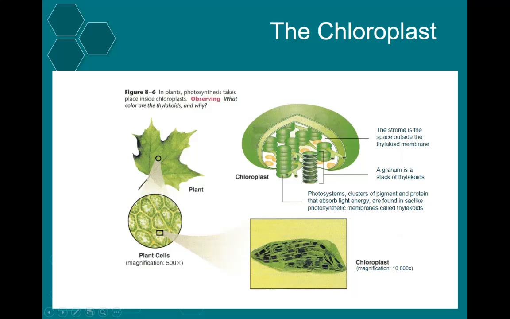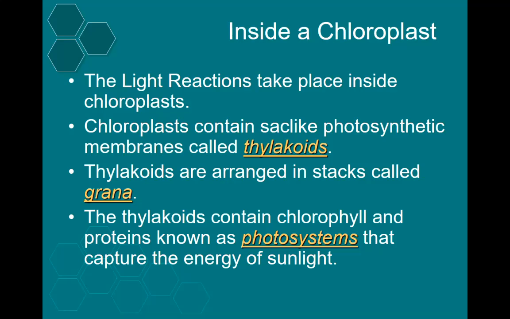Now, we really are sure that it does look like this, and this is actually an electron microscope image, using a TEM, you can actually see these dark little stacks inside that are the thylakoid membranes, and you can see the spaces in between that represent the stroma. Okay. So the light reaction takes place inside the chloroplast.